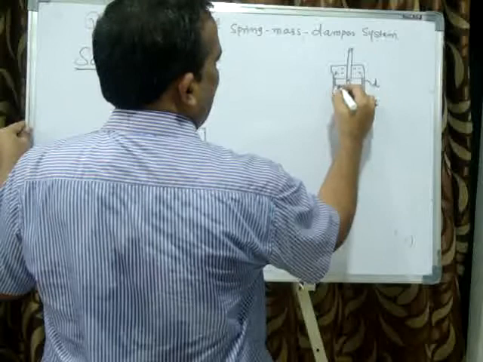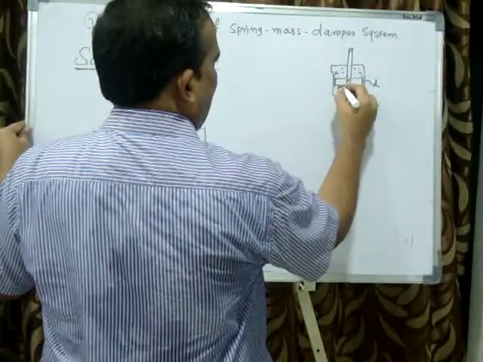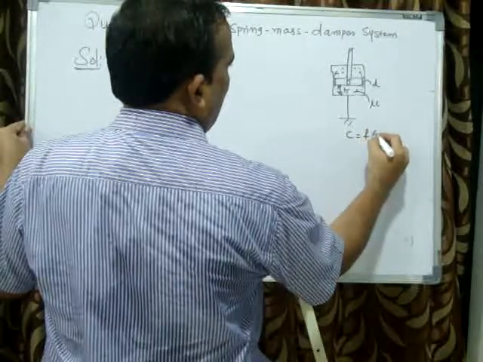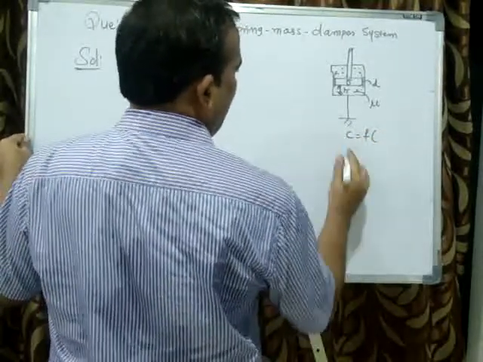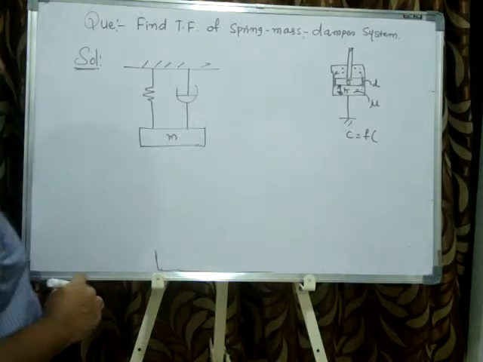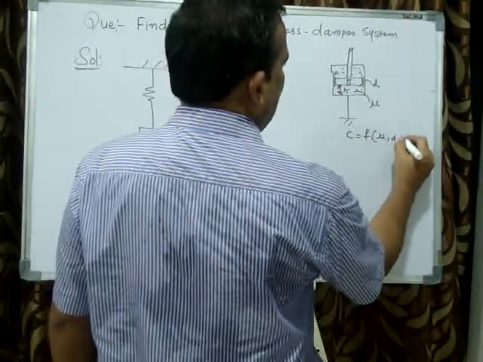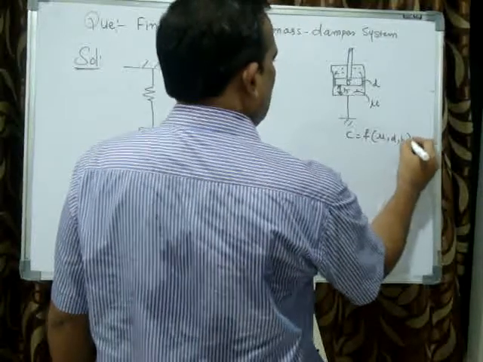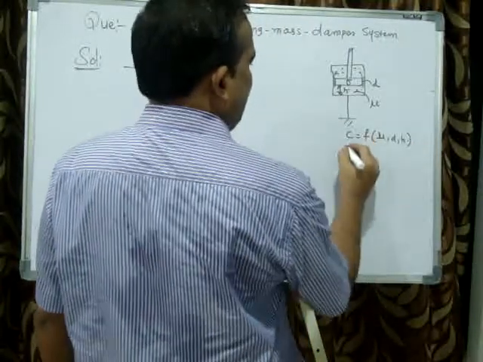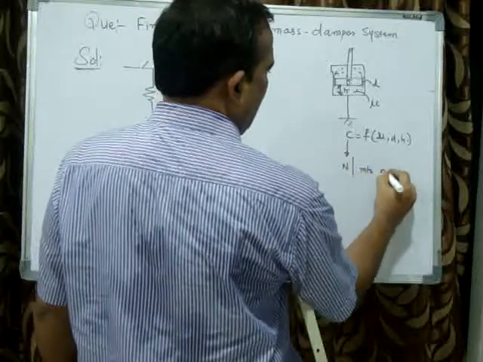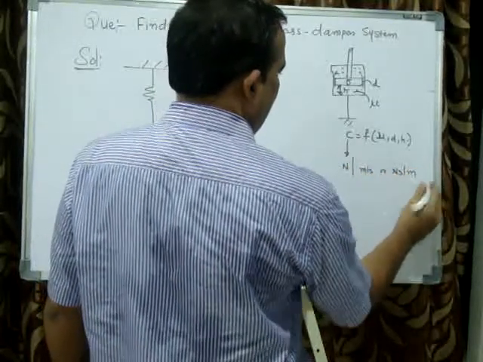Capital D is the diameter, and area, and this is the H, so the coefficient of damping, C, is what? Coefficient of damping is a function of mu, viscosity, D, H. So it depends upon C. The unit of C is Newton meter per second or Newton second per meter.